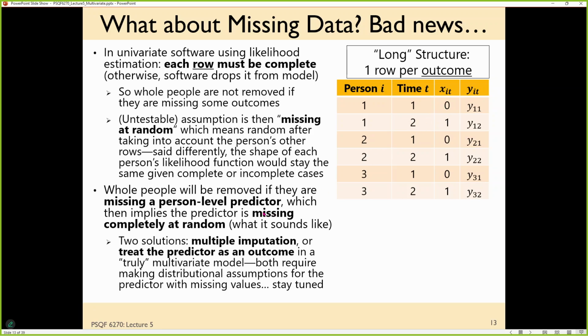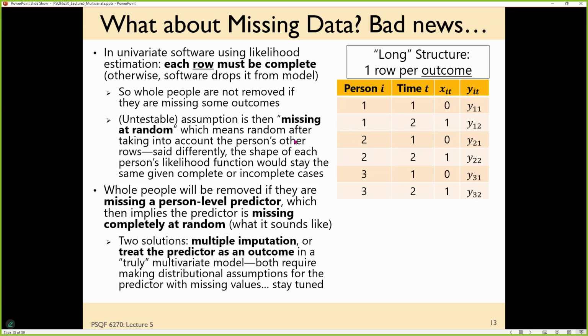So, yeah. And then this is the other class. There are other options in terms of what to do with missing data. I will show you an easy way, which is to pretend that the missing information for a predictor is actually an outcome. And so long as you're willing to make some distributional assumptions, we can make that work. So I will show you how to do this in path models.